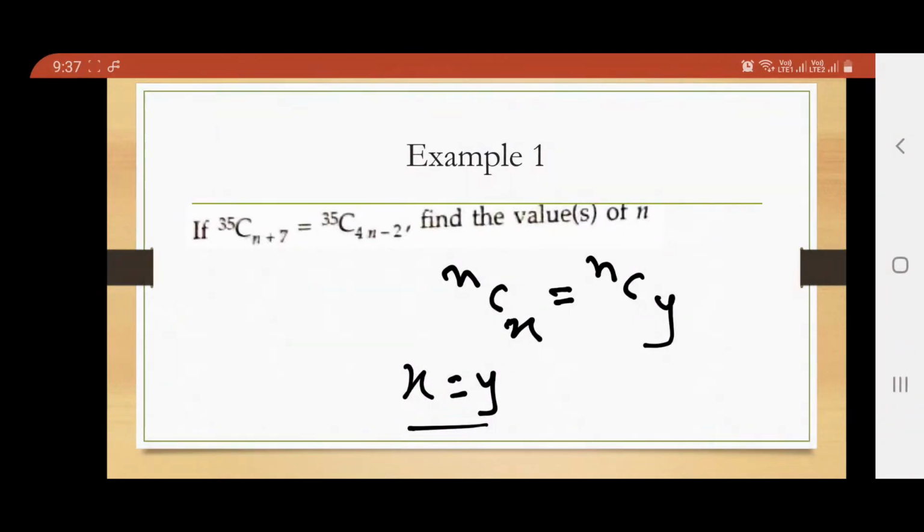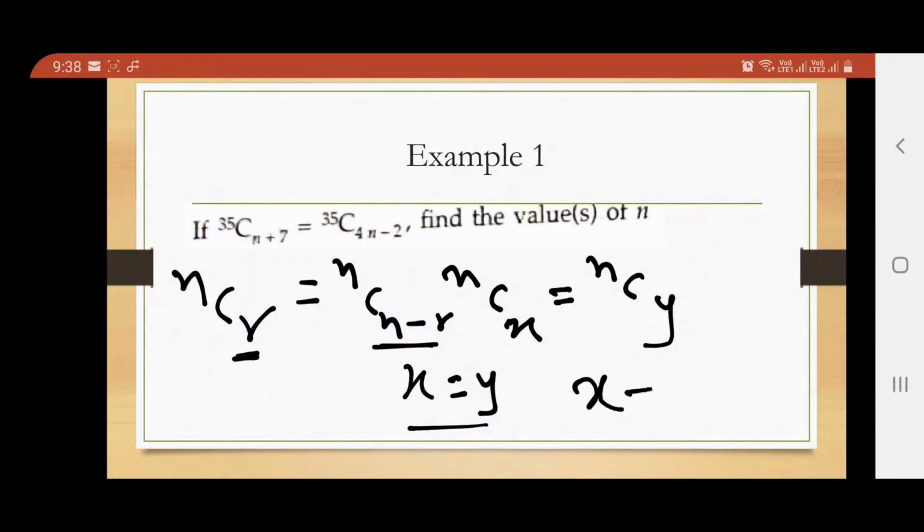Or we also studied that nCr is equal to nC(n minus r). So this r plus this n minus r makes it n. Therefore x plus y can also be equal to n. So there are two different results that we have: either x equals y, or x plus y equals n.